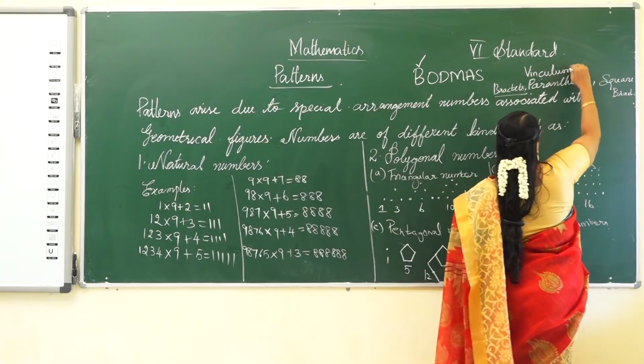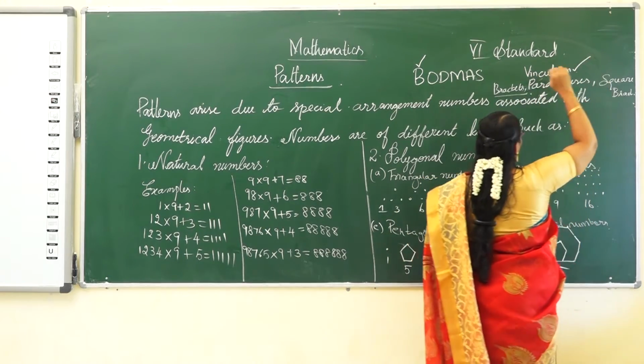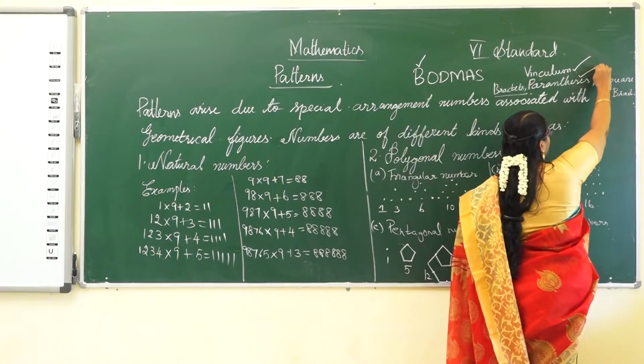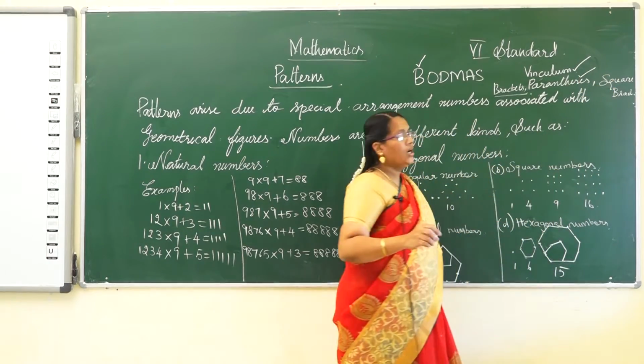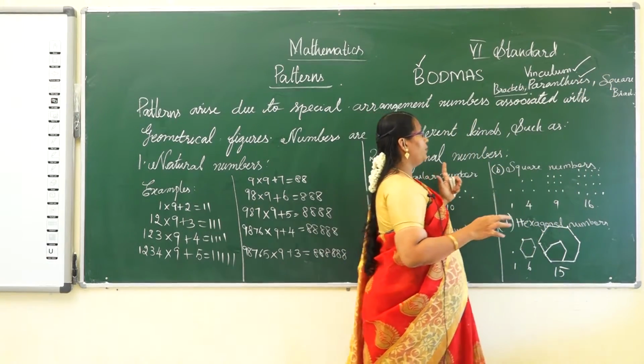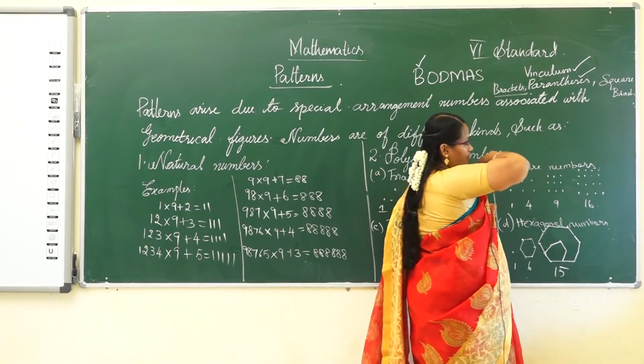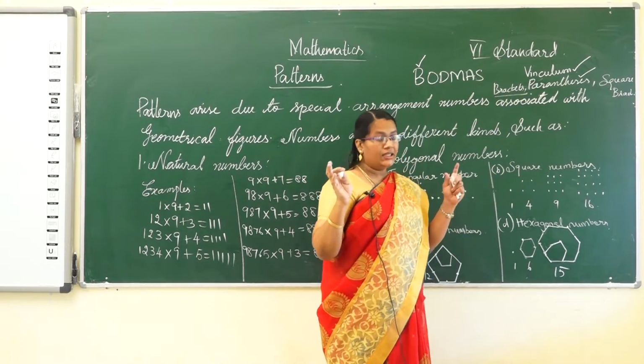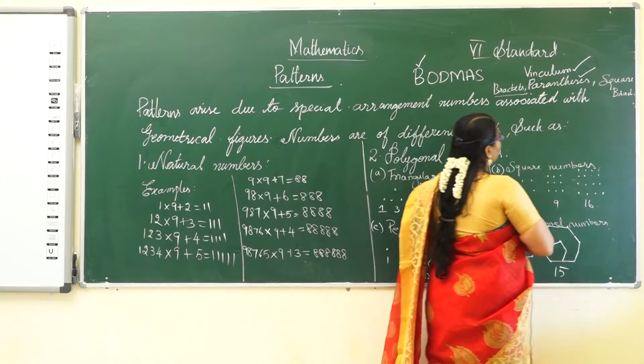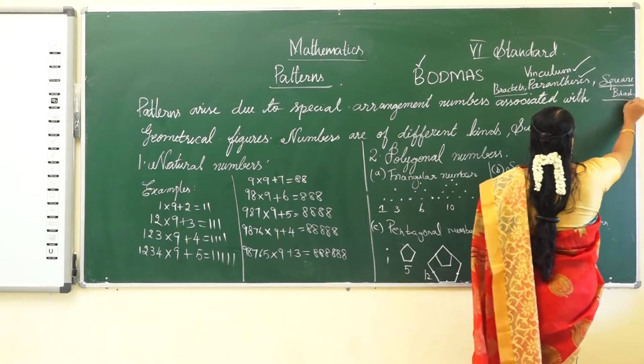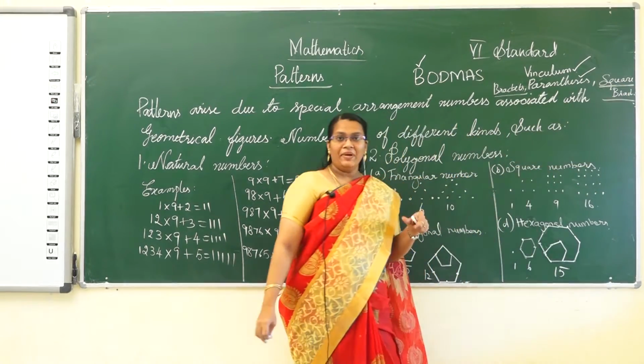So first prefer the vinculum, second the parentheses, which are small brackets, third the curly brackets, and the final one is the square bracket or big bracket.